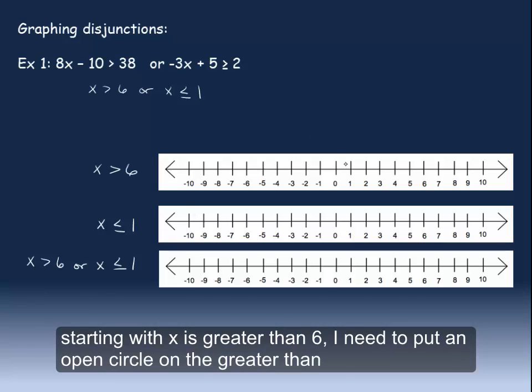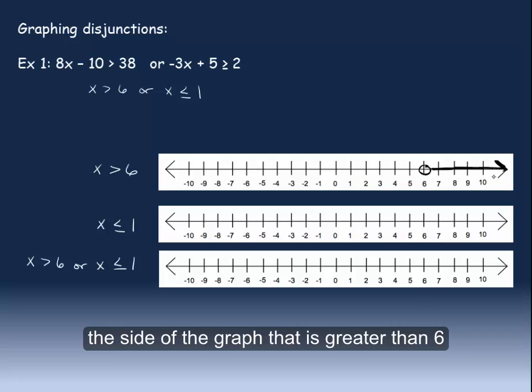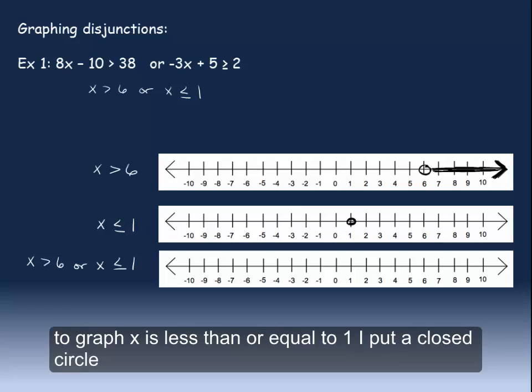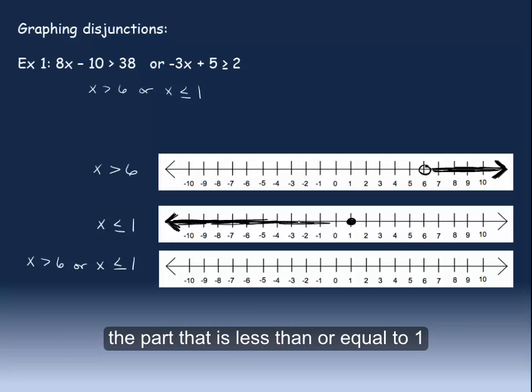Starting with x is greater than 6, I need to put an open circle on the 6, and then I shade the side of the graph that is greater than 6. To graph x is less than or equal to 1, I put a closed circle, and I graph the part that is less than or equal to 1.